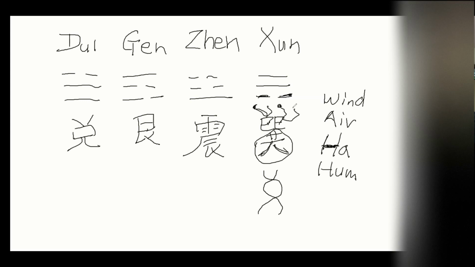Two-headed snake. You get it? Same idea. So Xun can also represent this kind of, in Sanskrit we say hetu, the cause, right? Literal translation into English, cause. What is the cause? In Sanskrit terms, it's called hetu.